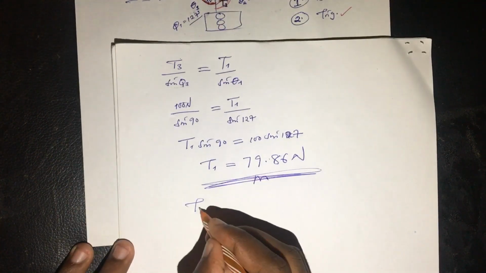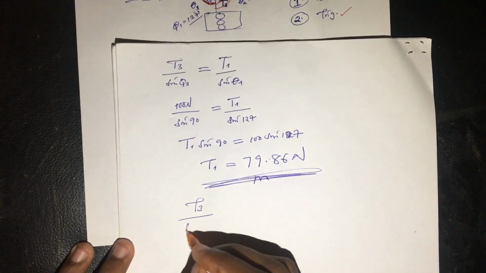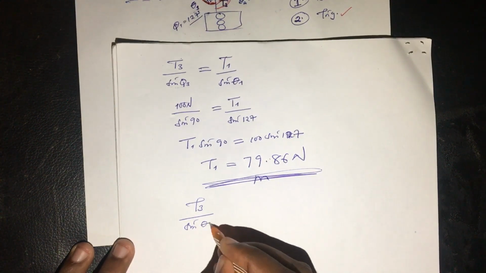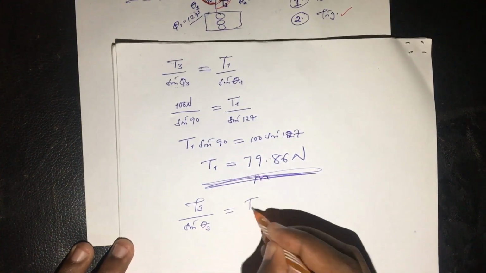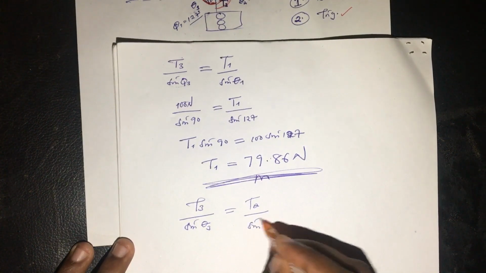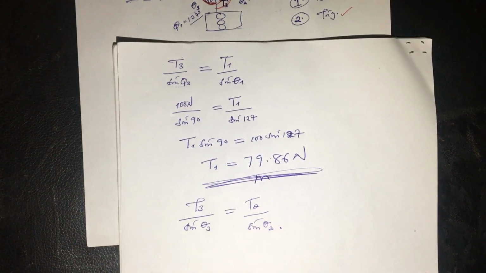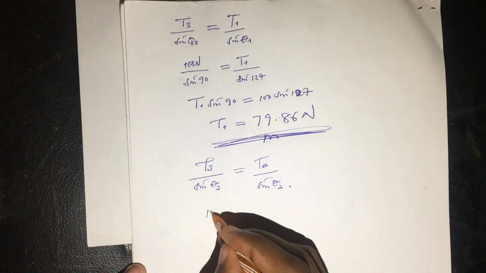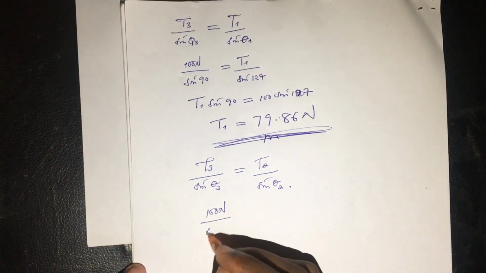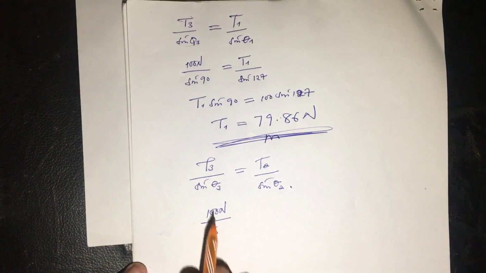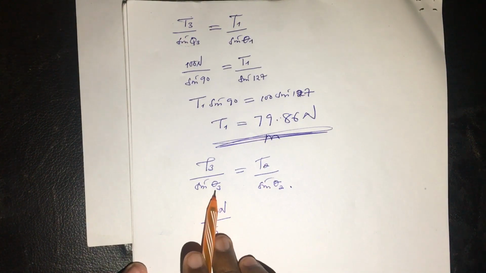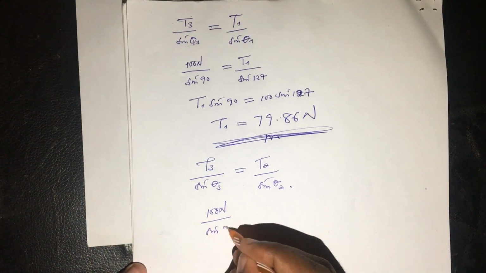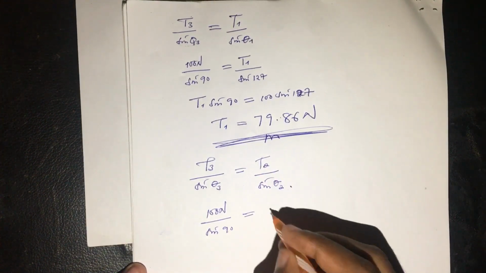You can say T3 over sine theta 3 is equal to T2 over sine theta 2. Our T3 is 100 newtons over sine 90, which is equal to T2.